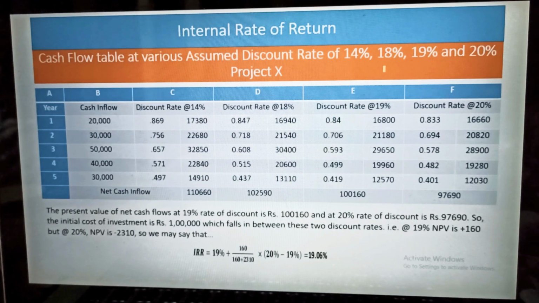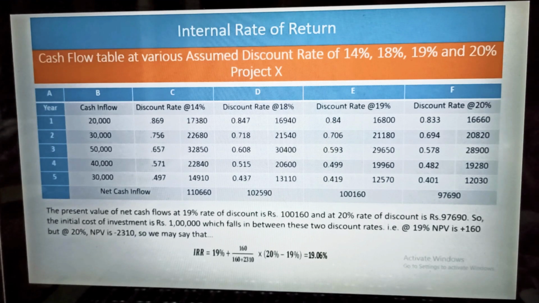Okay, you can see here that I have categorized and divided the columns A, B, C, D, E and F. A is for year, B is for cash inflow, which I have taken from the question, it is given. Then C is for the discount rate at 14%, D is for the discount rate at 18%, E is for the discount rate at 19%, and F is the discount rate at 20%.